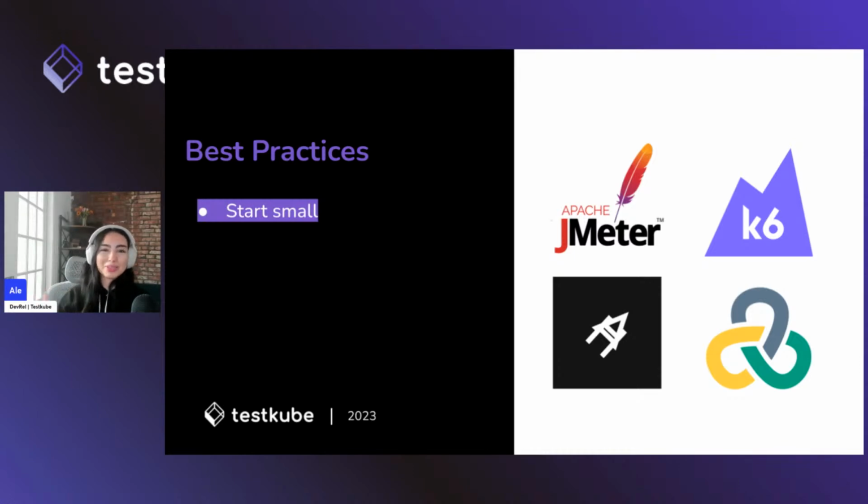Like I said, with load testing, you ideally want to be able to test these huge loads that are coming to your application. But before running these large scale load tests, we really recommend that you start with small scale tests to make sure that your application will work as expected. So you gradually increase. This will help you identify and fix any issues before you throw everything at it.